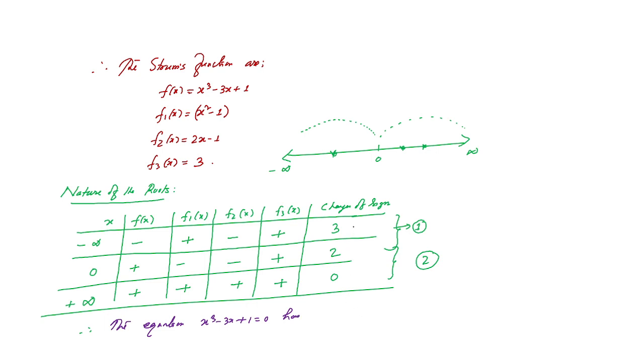Here you see the excess changes of sign: this is 3 minus 2, that means 1 negative real root, and on the positive side, 0 to infinity, the excess change of sign is 2, so 2 minus 0, that means 2 positive real roots.